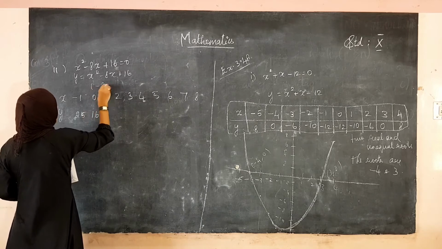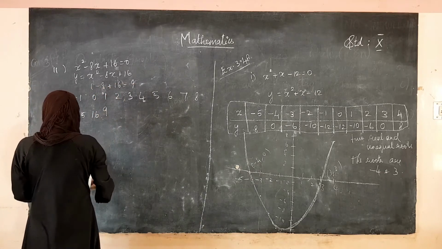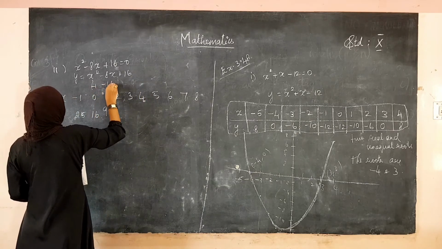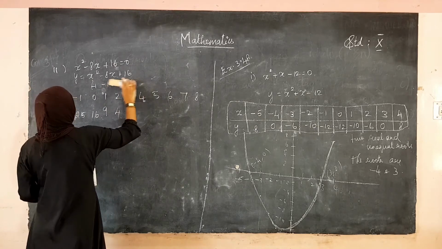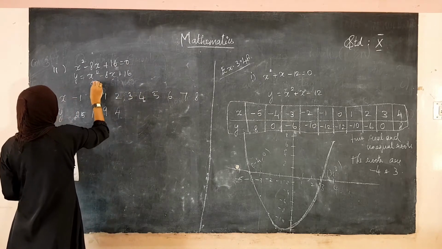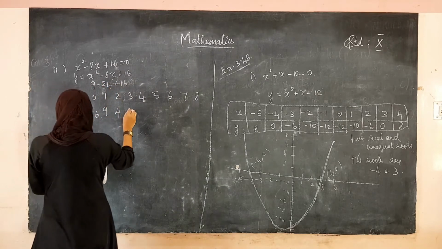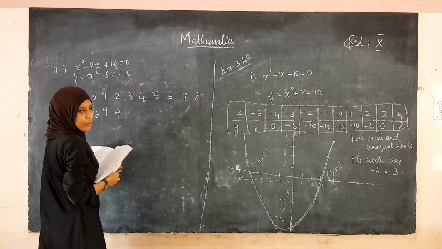So, for 1: 1 minus 8 plus 16 is 9. And again for 2: 4 minus 16 plus 16 becomes 4. And again for 3: 9 minus 24 plus 16, 25 minus 24, so 1.